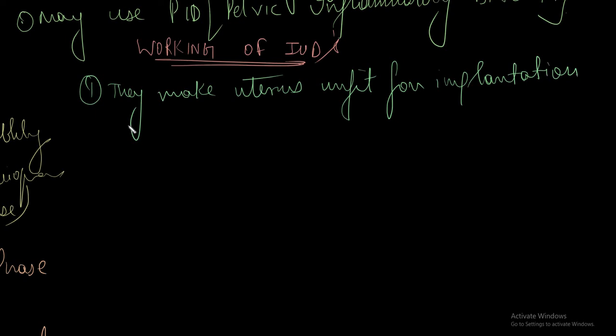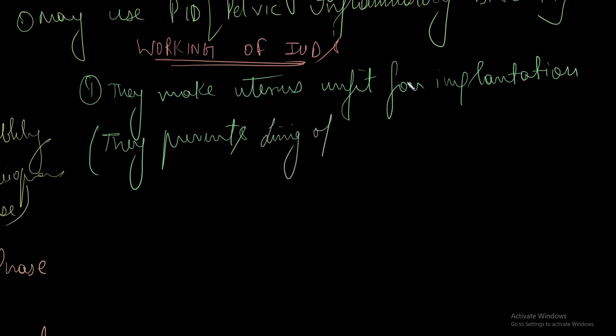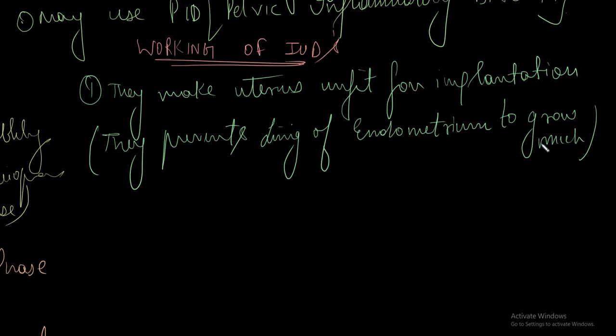Why? Because they prevent lining of endometrium to grow much. Now if the lining of endometrium does not grow much, there is high chance of scrapping.